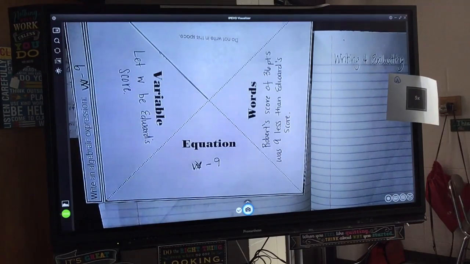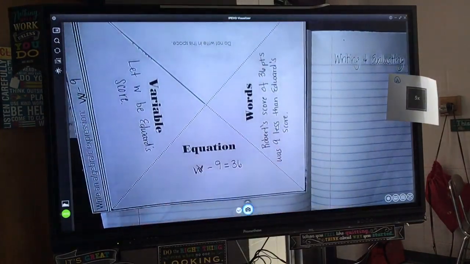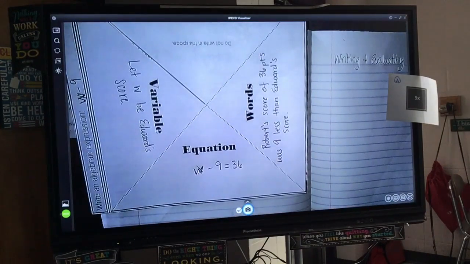Okay, then let's make this super simple and tell me where the 36 is going to go. Like, it would be the answer of the equation. Perfect. It would be the answer. Guys, expressions and equations, keep it simple.